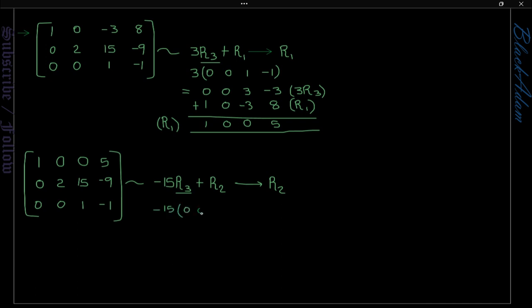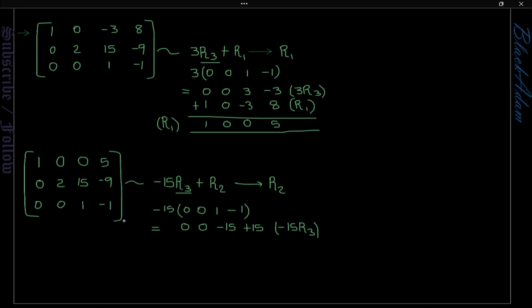Row 3 is 0 0 1 -1, and then -15 times 0 0, -15 times 1 is -15, and -15 times -1 is going to be +15.